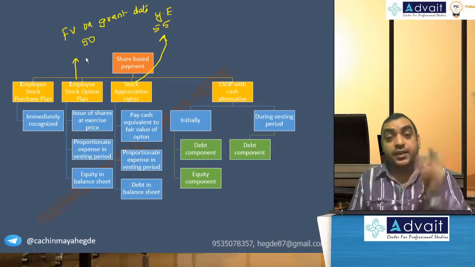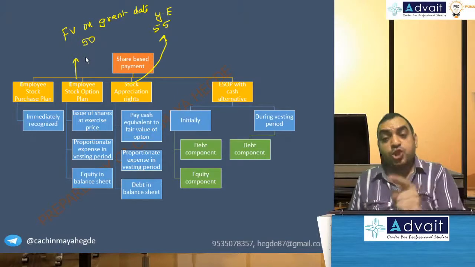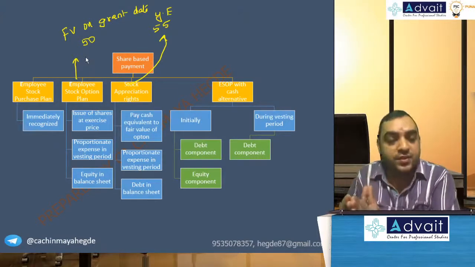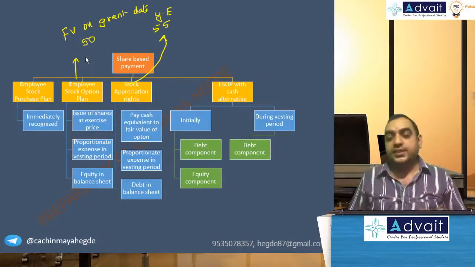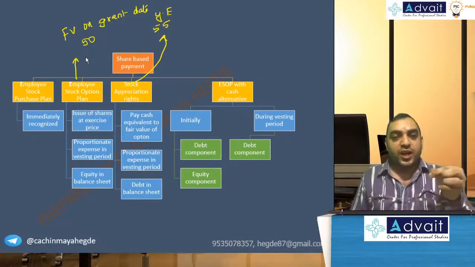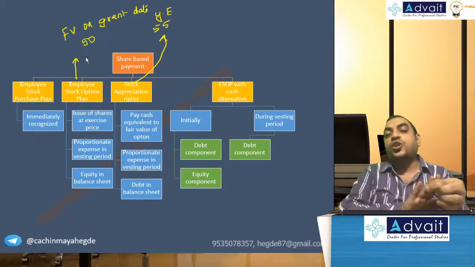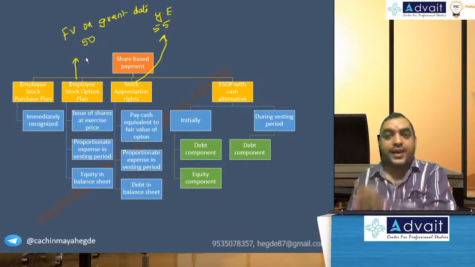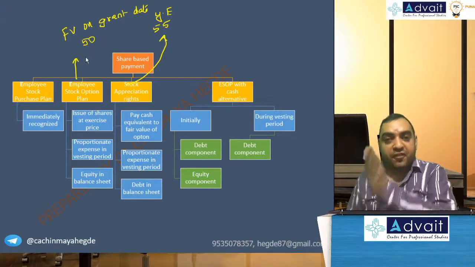Whereas for stock appreciation right, if 50 became 55, that is a debt element, and when the fair value of a debt element changes, your obligation also changes. Therefore, for stock appreciation right, you need to change it. To summarize, the element related to ESOP is recognized at fair value on the grant date and not remeasured, whereas stock appreciation right, being in the nature of debt, is remeasured at fair value.